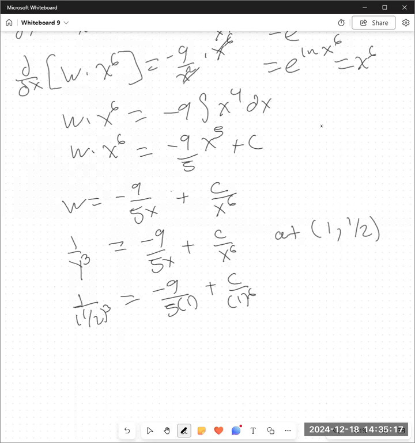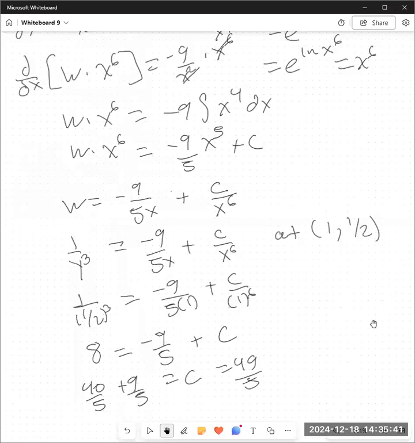So this is going to be 1 over an eighth, which is 8, equals negative 9/5 plus c over 1, which is c. So this is going to be 40 over 5 plus 9 over 5 is c. So that's 49 over 5.